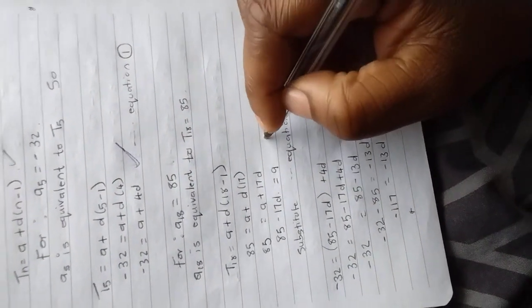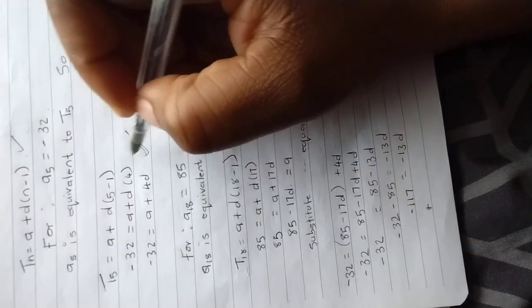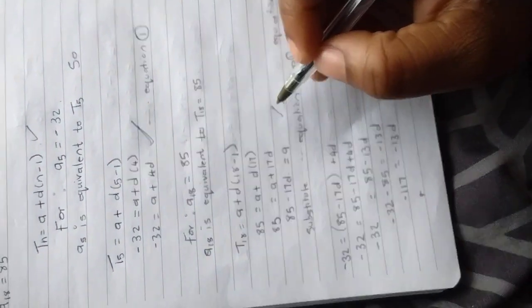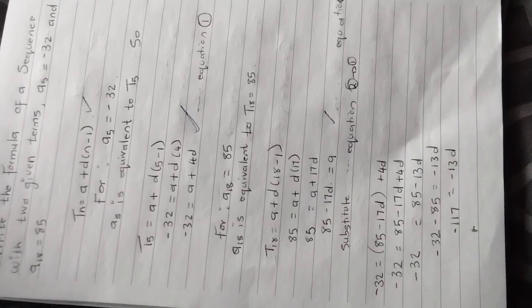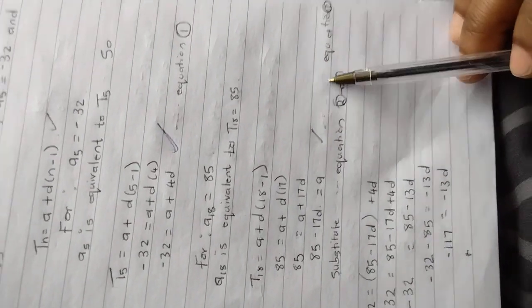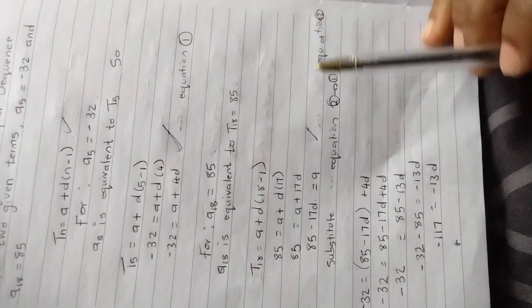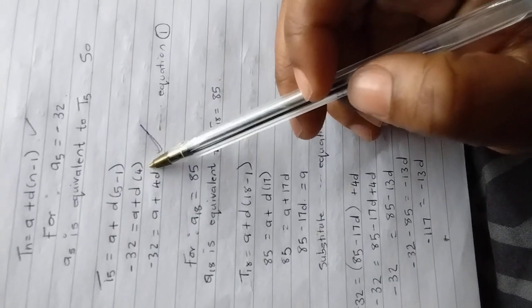So we are going to use this equation and this one over here to solve for A and D, right? It's like simultaneous equations. Okay, so what we are going to do is take this equation 2 right here and substitute it into our equation 1.